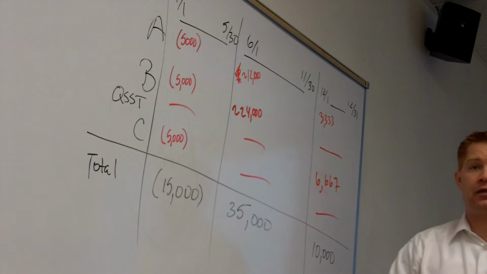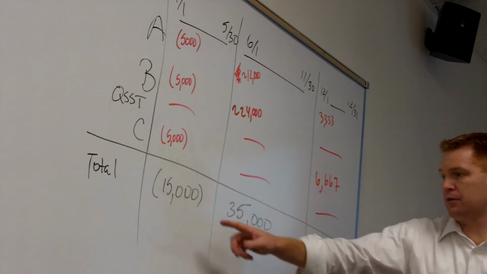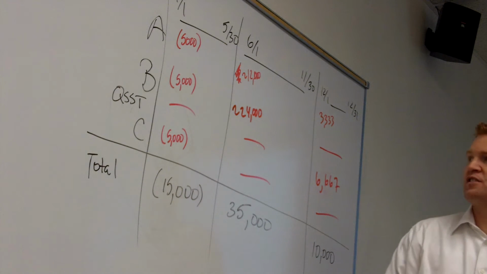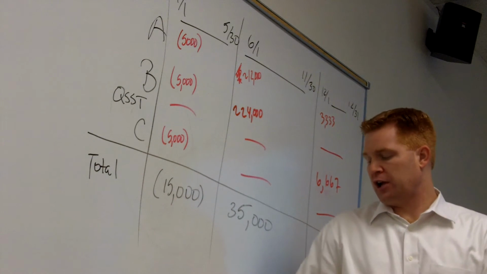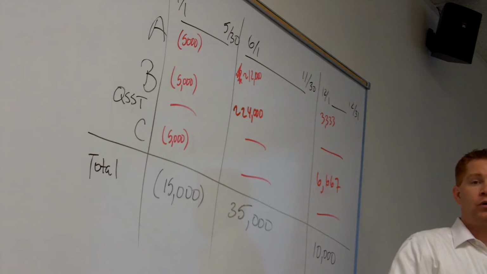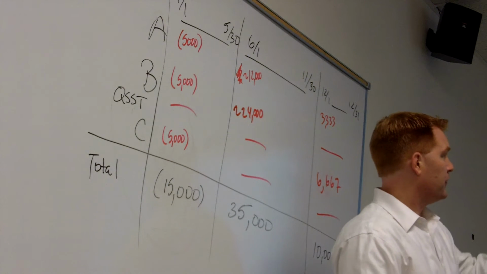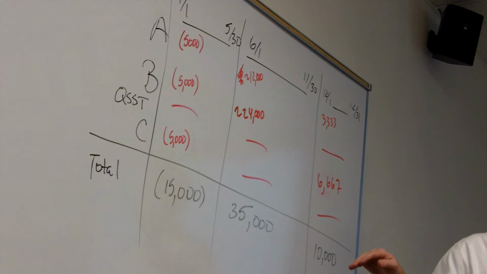Under a pro rata method, we would simply add all of this up. 15 plus 35 gives us 20 plus 10 gives us 30. We'd say, all right, we have a total of 30. Well, if we have a total of 30, how would we allocate that 30 out? Well, we would do per share per day. Allison, for example, would get 10 because she would own 1/3 for the entire year.